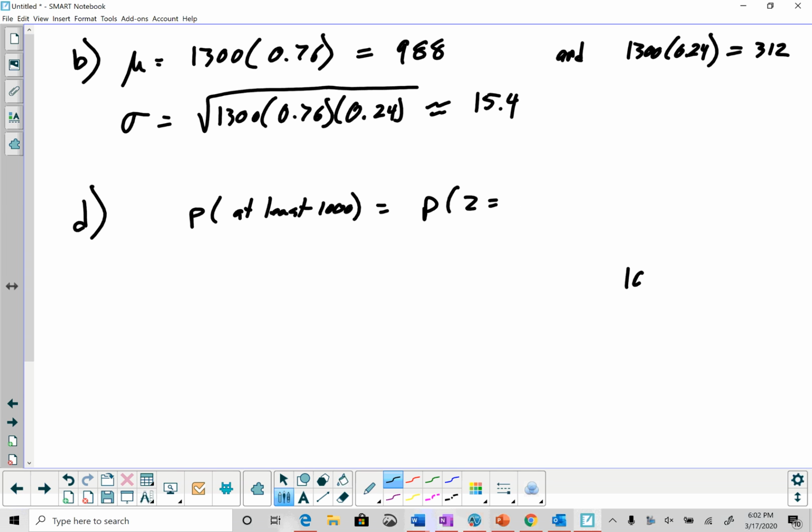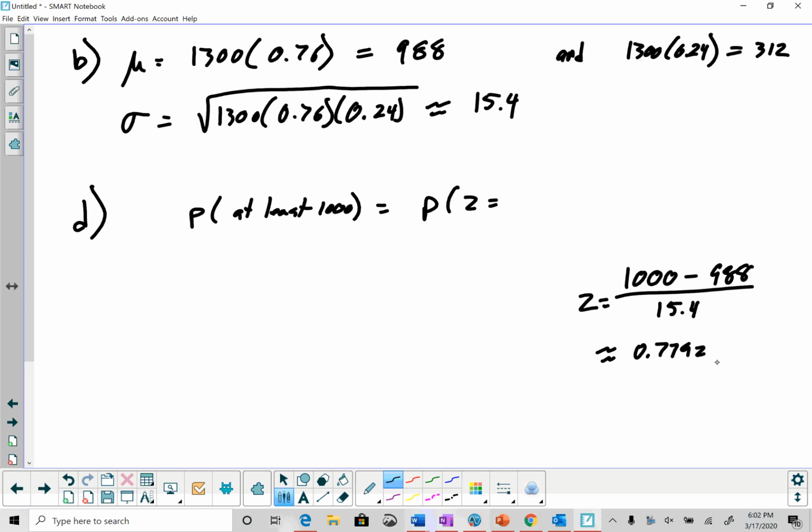So we'll take the 1,000, our target, subtract what we figured out mu was, 988, divided by our standard deviation of 15.4. So that works out to be about 0.7792 if I go out to 4 decimal places.